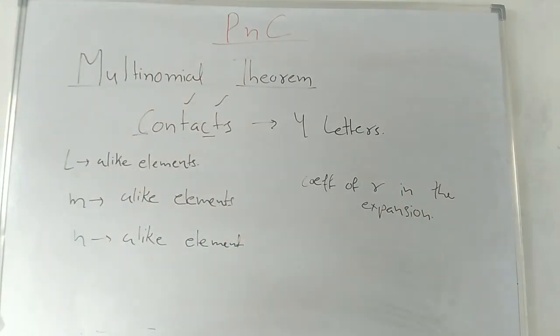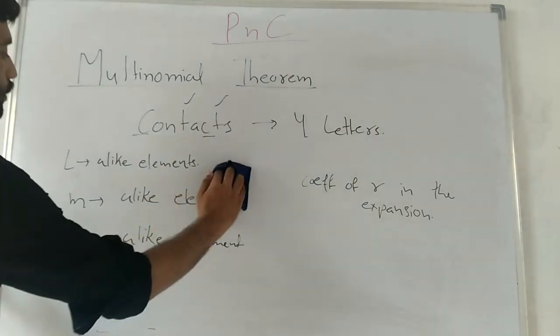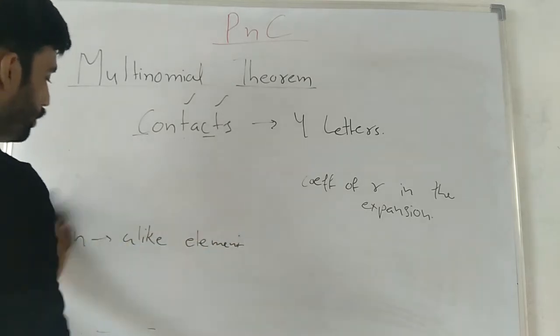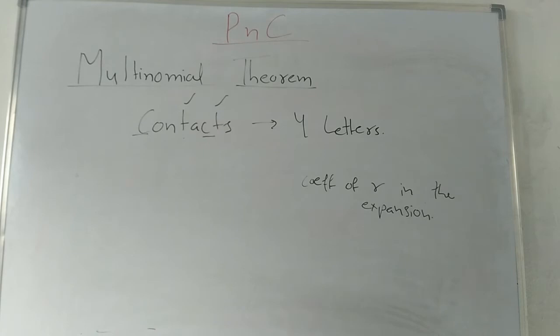Now I am going to write the expansion. Let me first rub this whiteboard. As you know, L are same kind of things, M are same kind of things and N are same kind of things. So we have 2 same C's and 2 same T's and all the other letters are different.